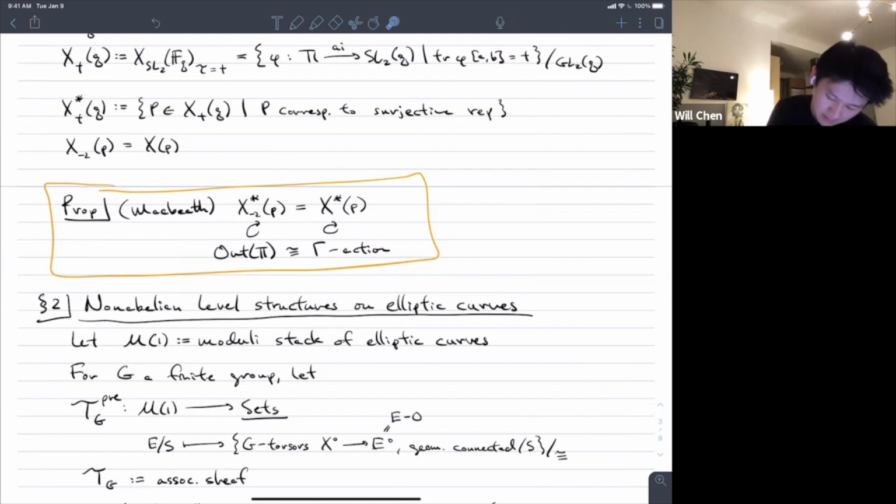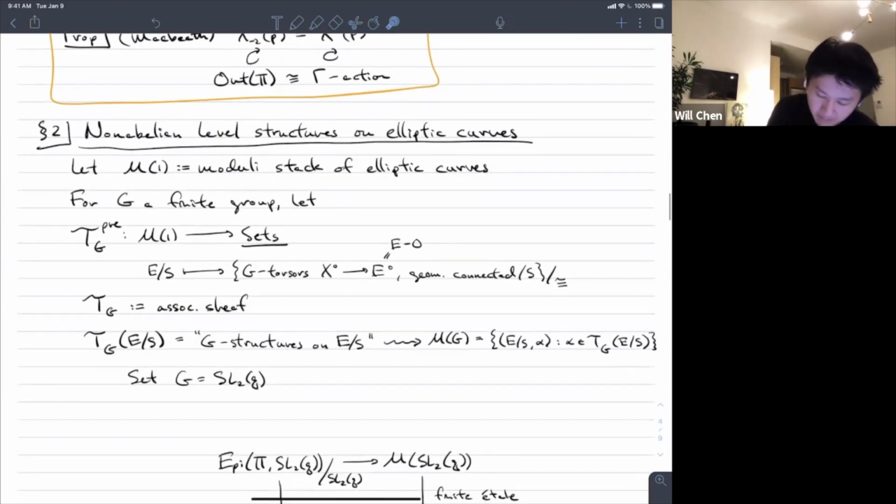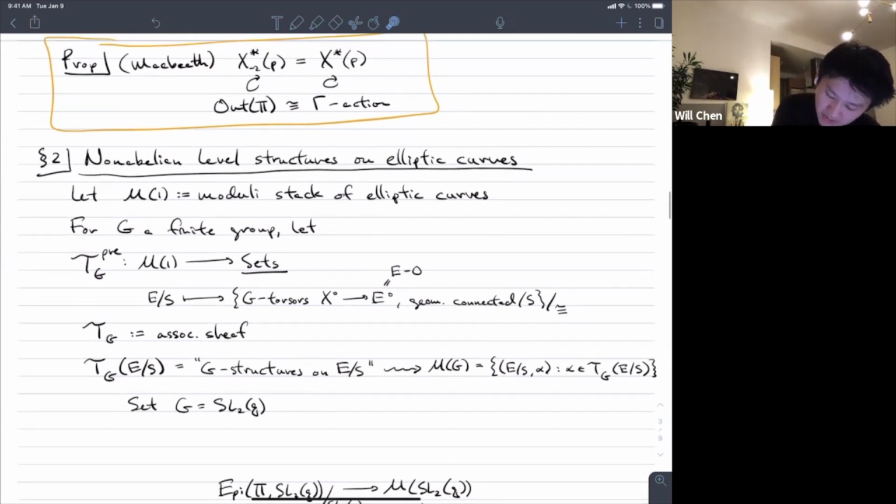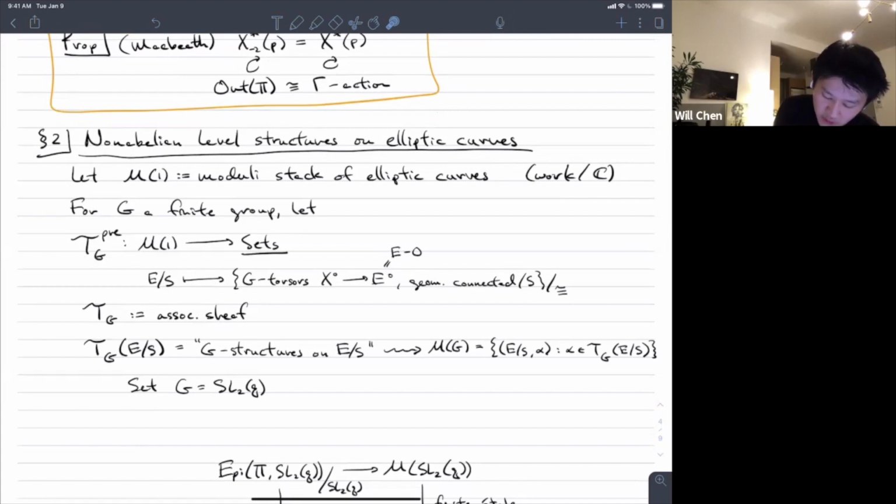of stacks. One way to do this is to consider the moduli stacks of elliptic curves with non-abelian level structures. So just to recall what this means, let M1 here be the moduli stack of elliptic curves. Here, we can work over C. Let G be a finite group. For any finite group, you can define this presheaf, TG pre, from the moduli stack of elliptic curves to sets.